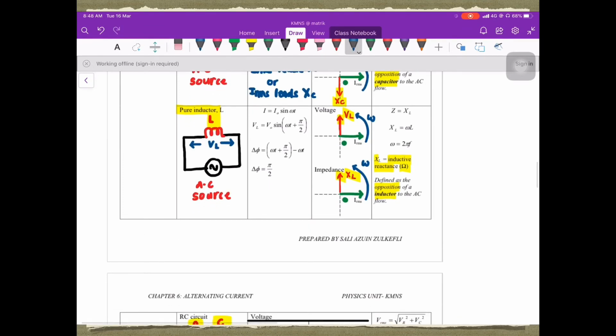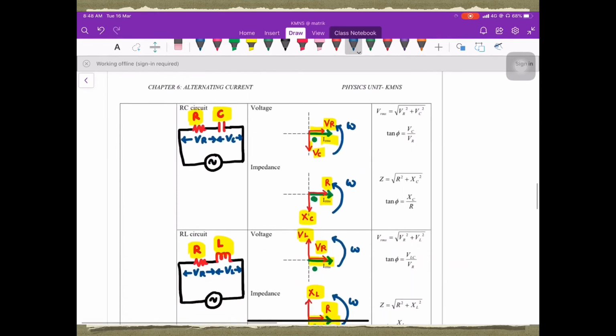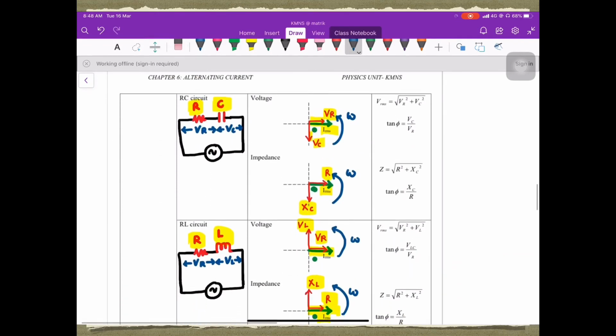Okay, for this case, VL leads IRMS, or XL leads IRMS, and so on.